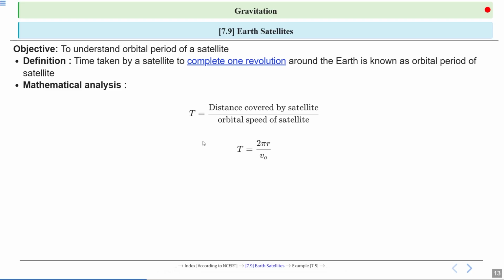So we can express the orbital period more specifically as T = 2πr / v₀. Here 2πr represents the circumference of the satellite's orbit, where r is the radius of the orbit and v₀ is the orbital speed.